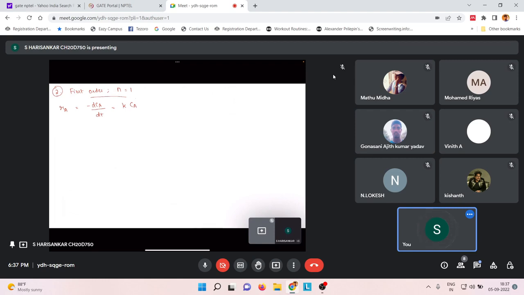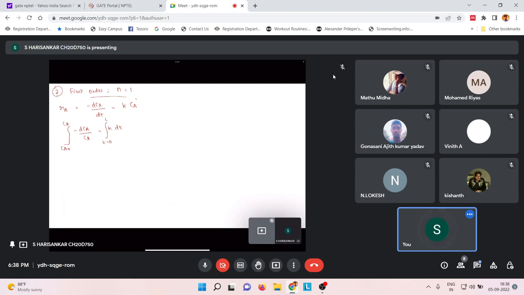Okay. So same as what we did in the zero order case, we just have to integrate this whole equation. This is a simple integration. So minus dCA by Ca is equal to k dt, and we just have to integrate it from Ca0 to Ca, and time t equal to 0 to time t.